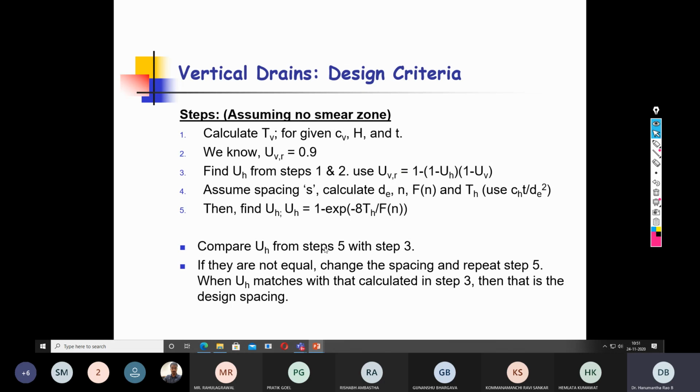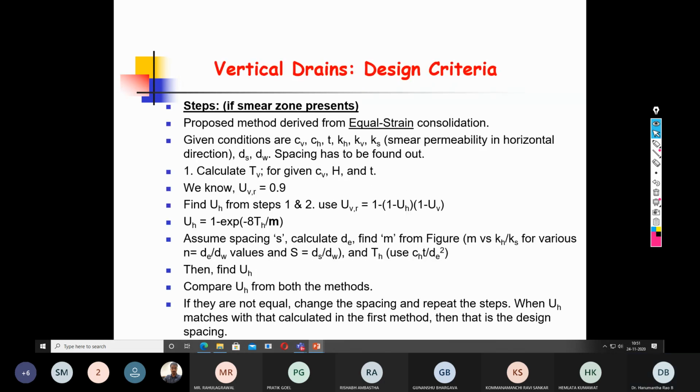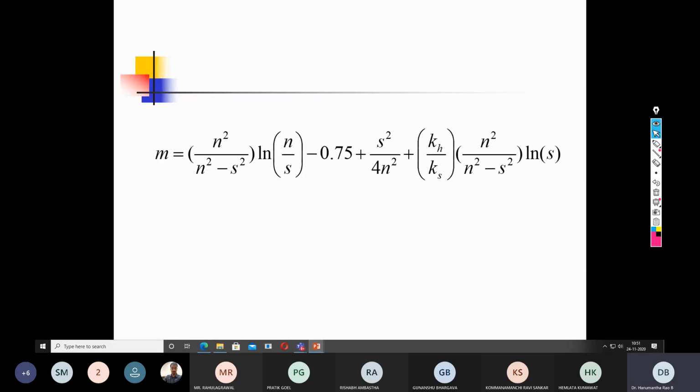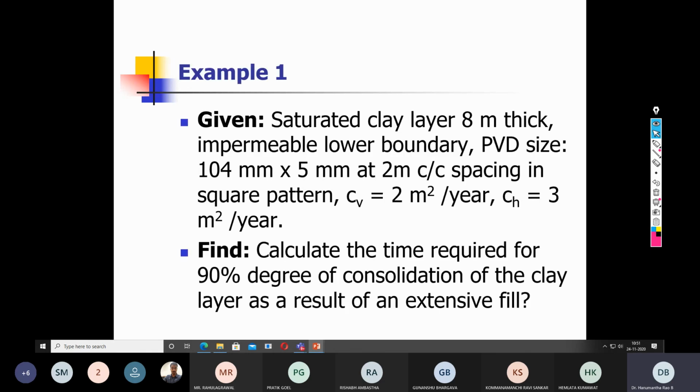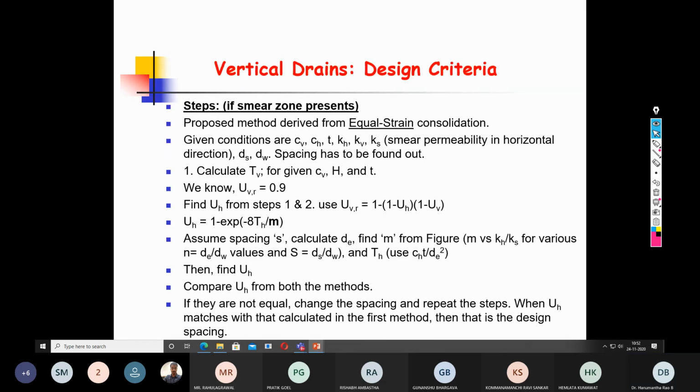So these are the design steps we can follow. You can go through them. This is the equation accounting for well resistance and smear zone, F of L. So there is no major distinction between the PVD and sand drain except their fundamental materials used.